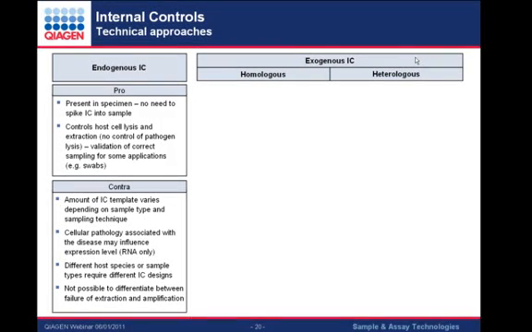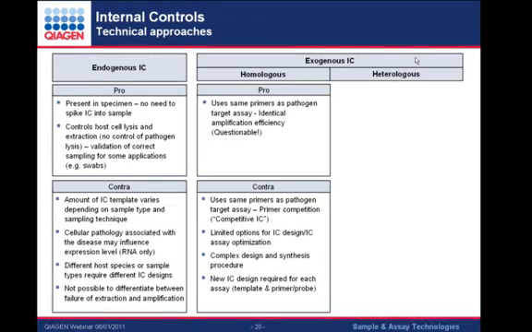This can be due to competition of the internal control assay and the pathogen assay for reaction components in the PCR. Other disadvantages of the endogenous internal control approach are that different host species and sample types may require different endogenous IC designs. And endogenous ICs do not allow for differentiation of extraction and amplification failure.